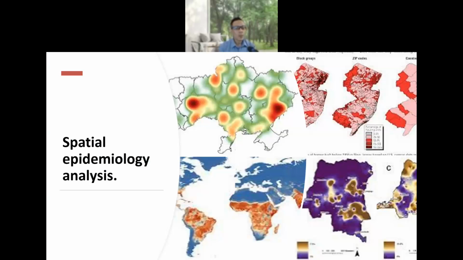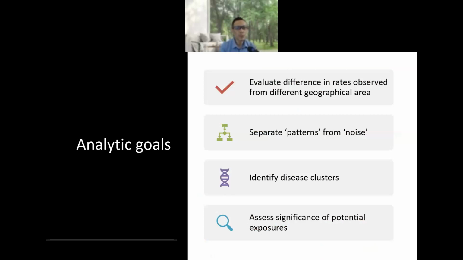Okay. So when you analyze spatial epidemiology data, we can do some analysis. For example, we want to evaluate the rates of infections between different geographical areas. We can also separate patterns from noise.